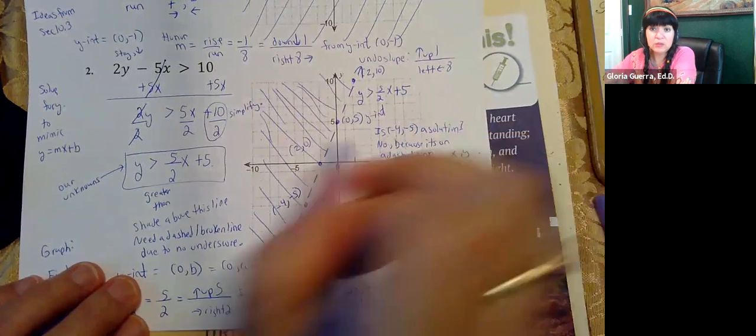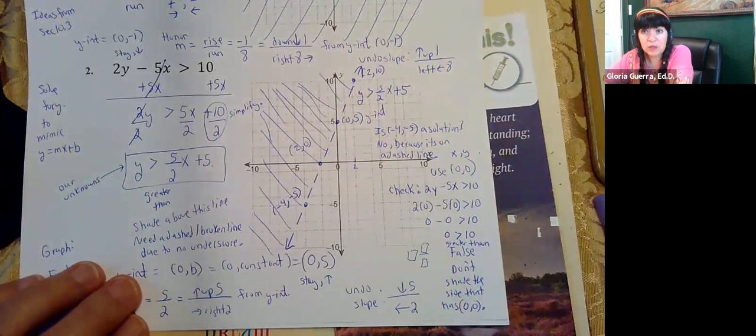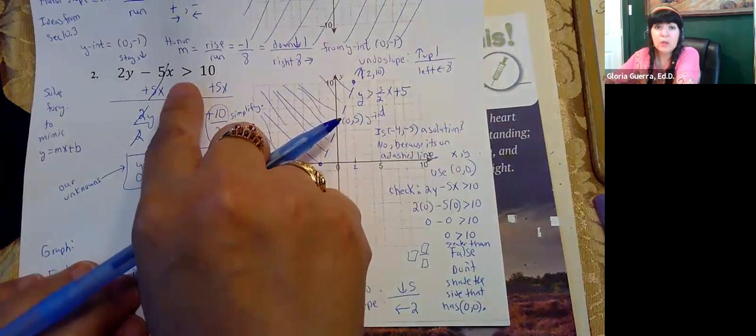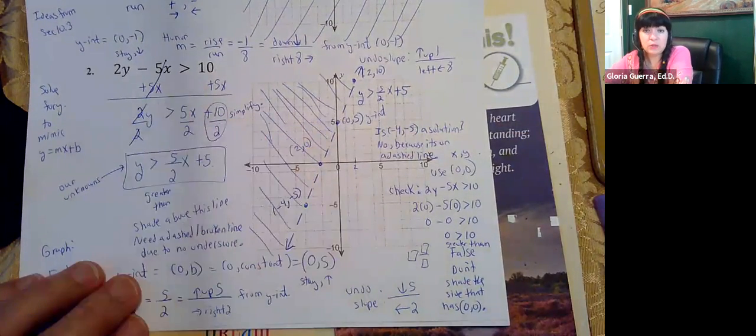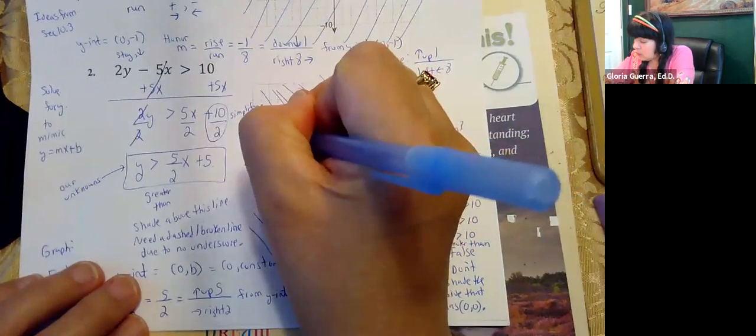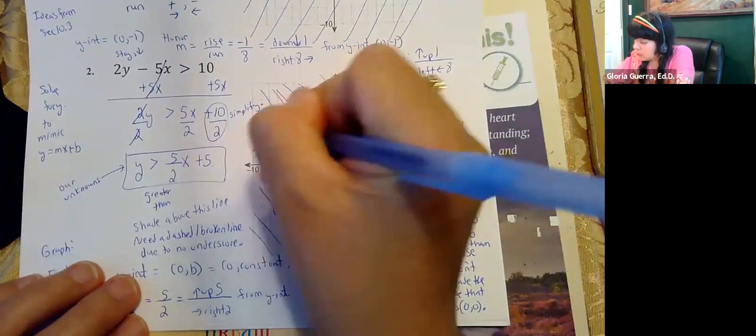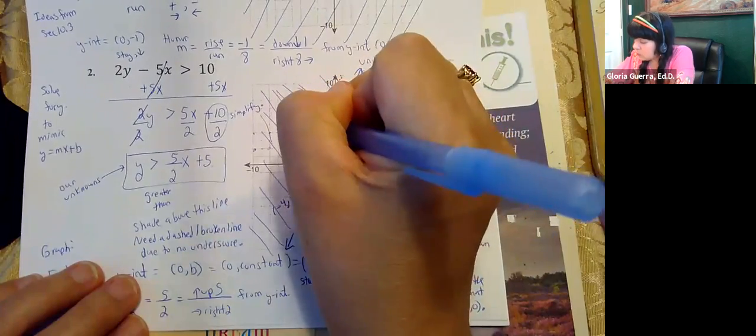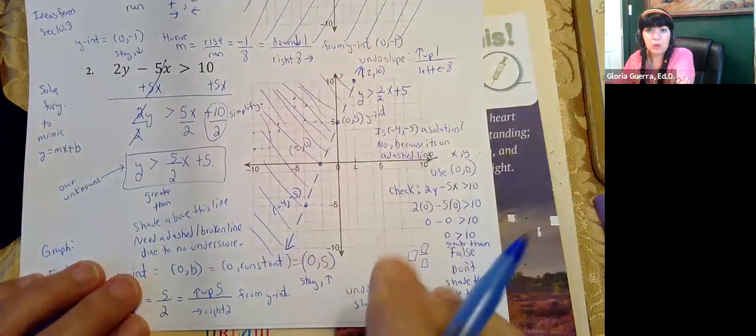If it had been a solid line, where you have a little underscore there, then you would have said yes. But it's a dash line, so no. But all these points are solutions to that inequality. There's a whole bunch of them.